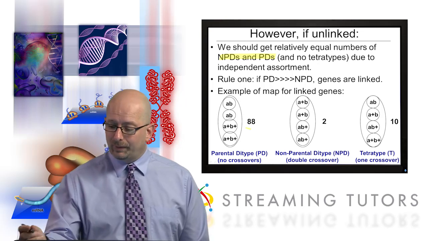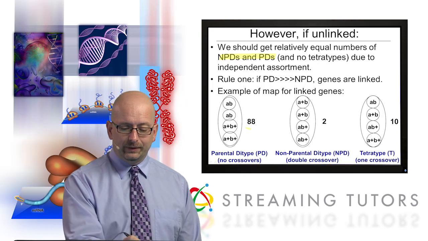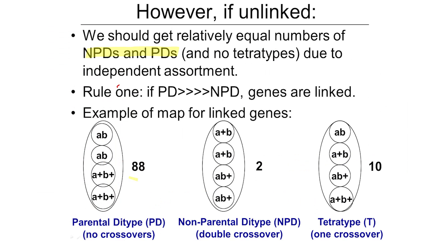Okay, so I'm going to draw this down here a little. There's a rule here, but the rule can come in 2 flavors. If parental ditypes, I want to say equal, but they don't have to exactly equal, are found in about the same number as NPDs, you're going to assume that the genes are unlinked, meaning that they're independently assorting.